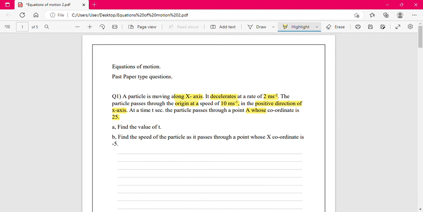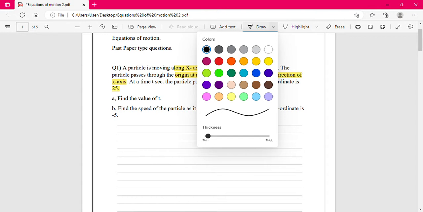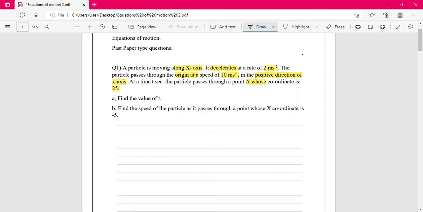So let us just make a simple sketch of this. So the particle is here moving along the x-axis. Say this is the origin. It is moving in the positive direction of x-axis. It is decelerating.